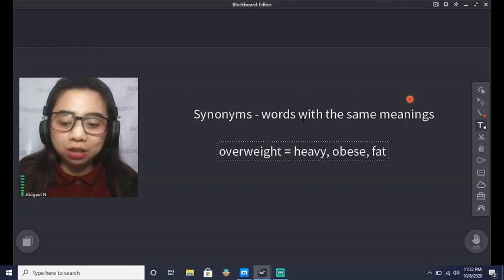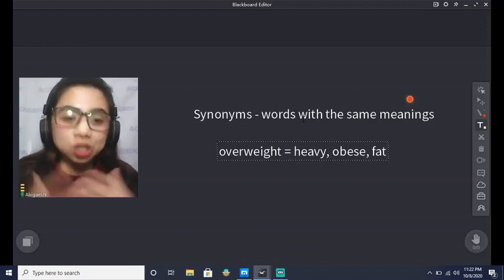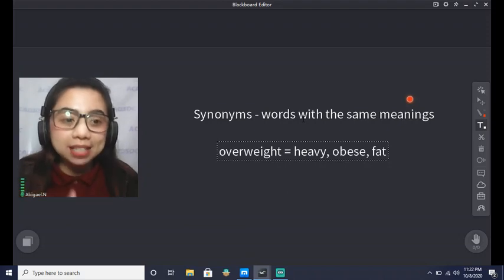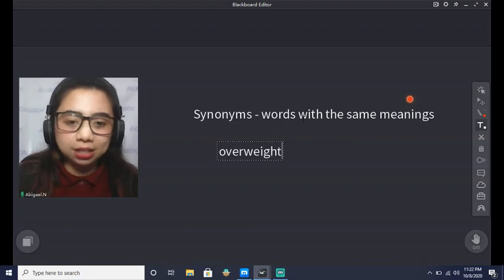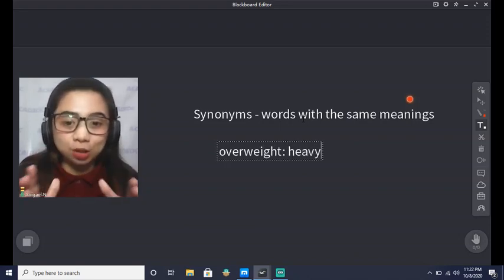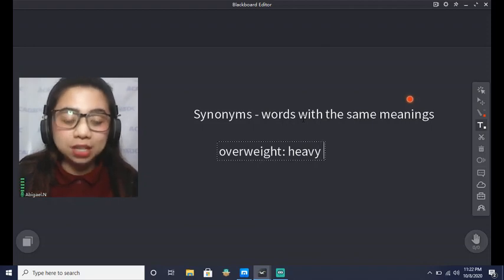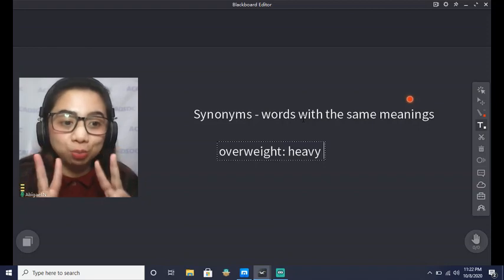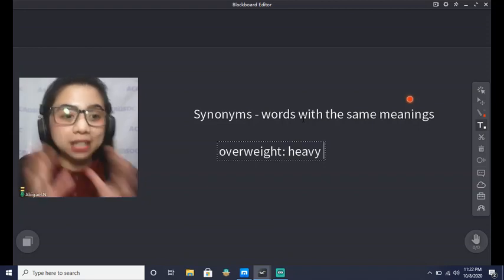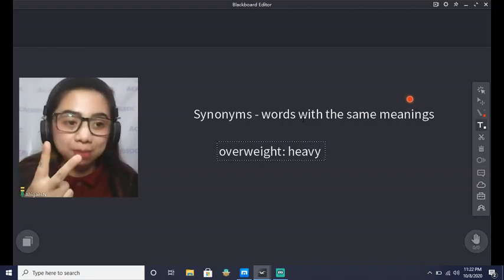In this case, I want to use heavy. Let's try to make a synonym analogy. Overweight is to heavy. It looks good already. Now, since an analogy is composed of two pairs of words, let's work on the second pair.